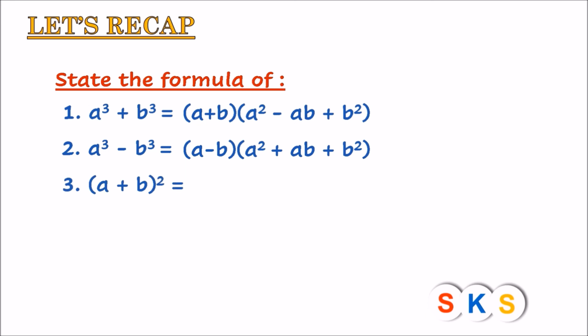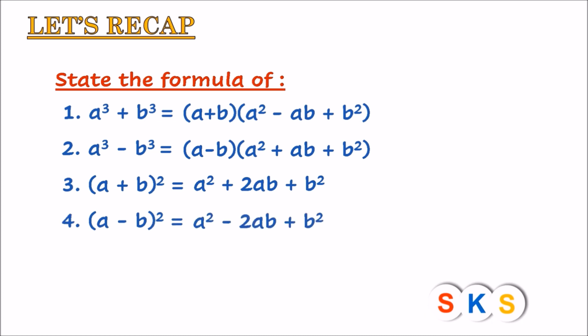A plus b the whole square equals a square plus 2ab plus b square. A minus b the whole square equals a square minus 2ab plus b square. And a plus b into a minus b equals a square minus b square. So all these formulas you should know to solve the practice set 6.4.